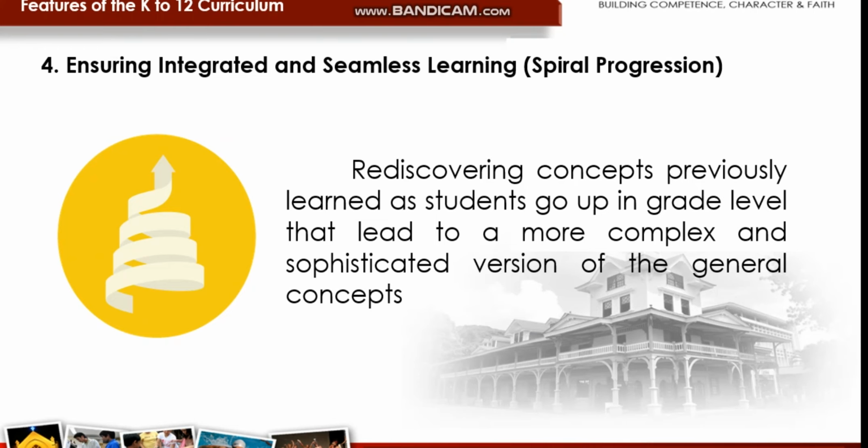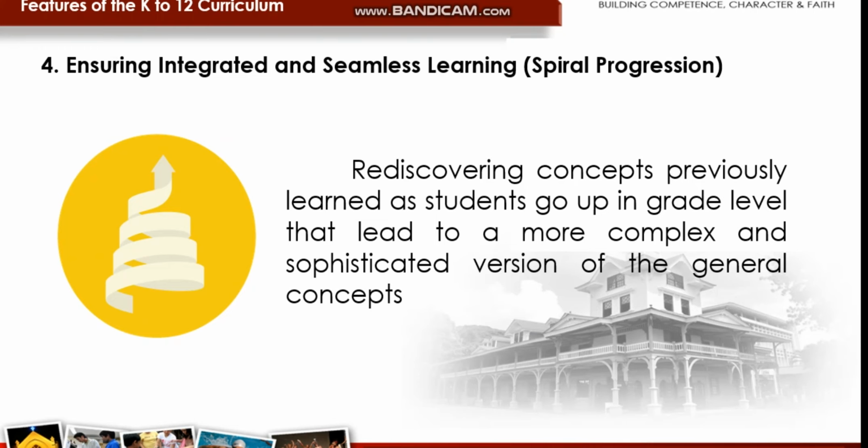Rediscovering concepts previously presented as students go up in grade level will be fully supported if all the areas of specialization are aided by technologies for teaching and learning.